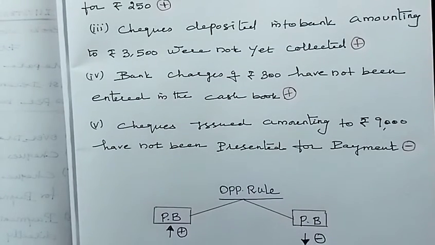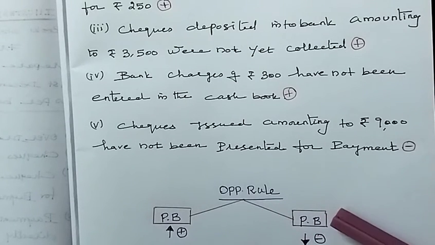You have to use the opposite method. Now what happened in the bank account? Your passbook will be decreased by 3,500 rupees. So we have to use the opposite method. See, in the opposite method, it will be increased by 3,500 rupees in your passbook.